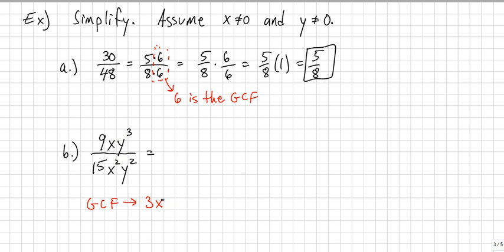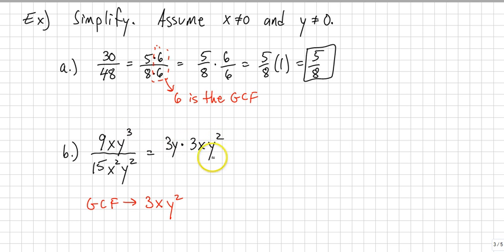So it would be 1 x, and this has 3 y's, and this has 2 y's. So they have 2 in common. So if the greatest common factor is 3xy squared, then we can write 9xy cubed as 3y times 3xy squared. So this is the greatest common factor, and then 3 times 3 is 9.